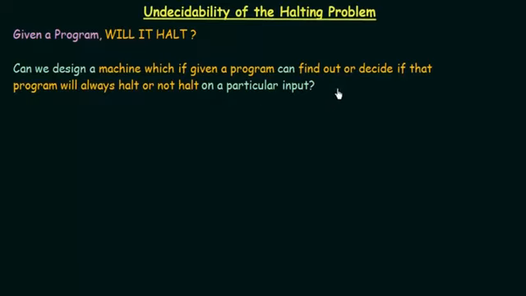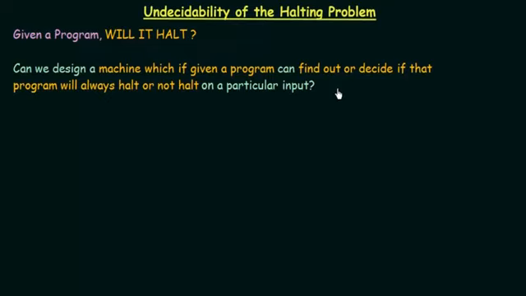If we give a program to that machine as an input, it should be able to tell whether that program will halt on a particular input. This was our question, and we said that this is undecidable and we cannot design such a machine.